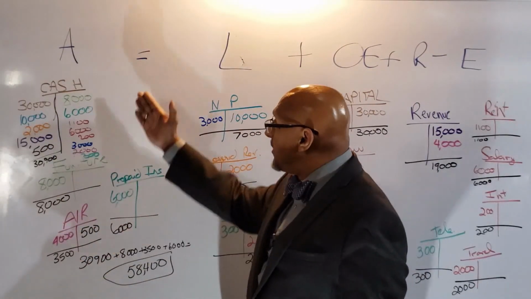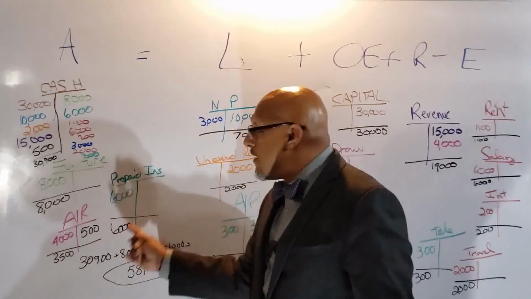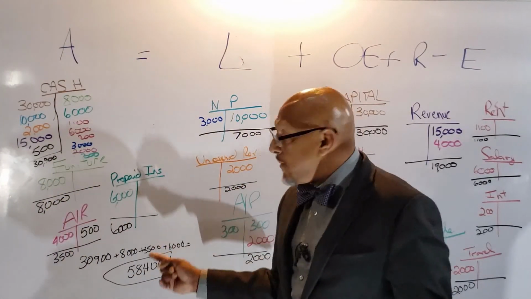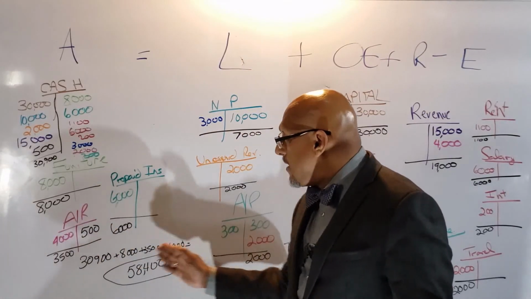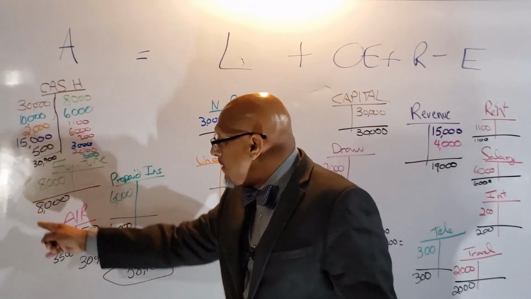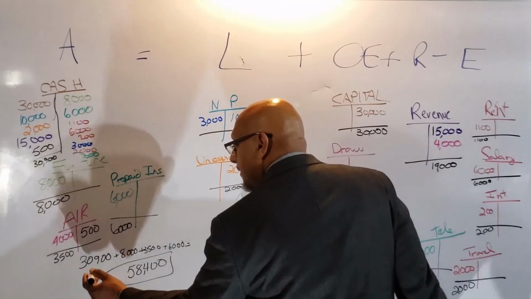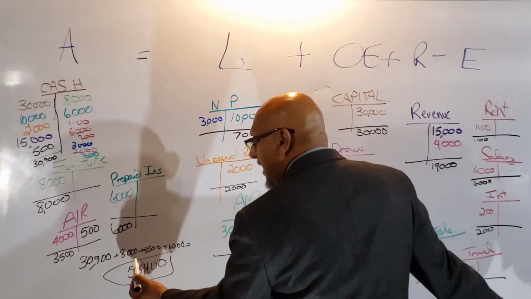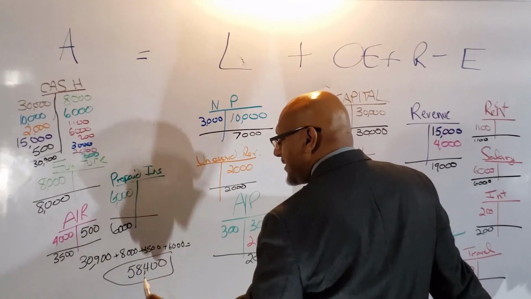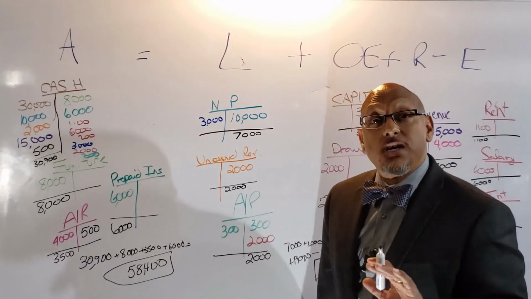And right here, what I did was I took the balances of each of these T accounts and listed them right here and added them together, because these are all debits, the same debit left side. So 30,900 plus 8,000 plus 35,000 plus 6,000 equals 58,400. Check on your calculators to make sure.